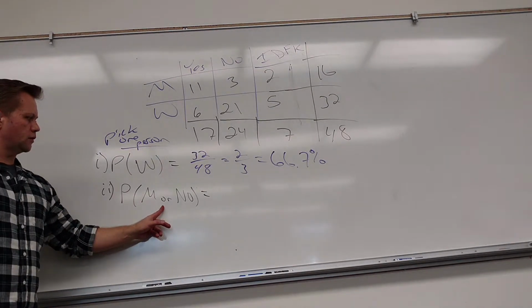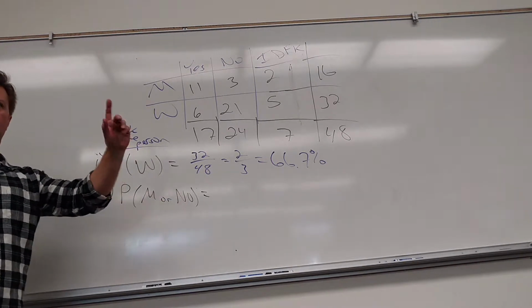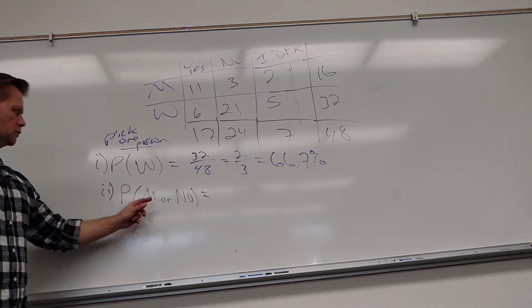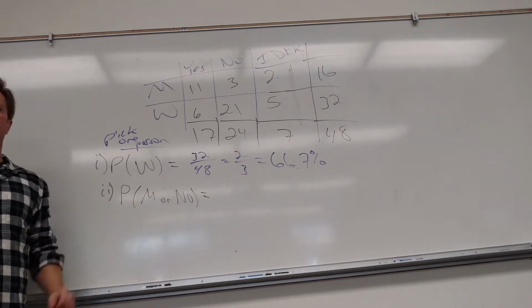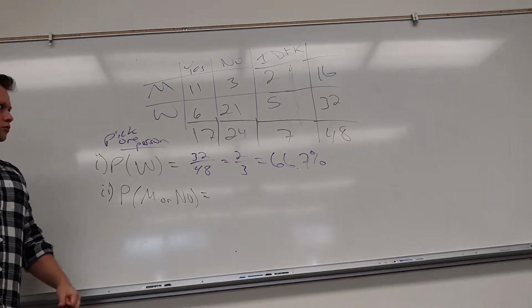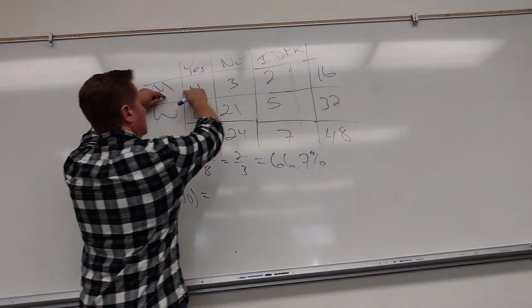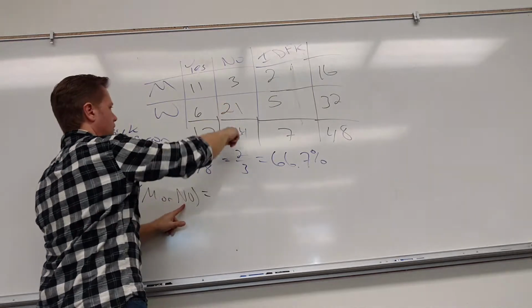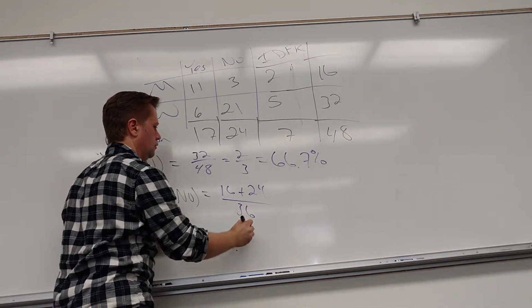So what about the probability that the person I picked was a man, or they said no? Here's where people make another common mistake. So I want this person that I picked to be a man, or somebody who said no. 40. Yeah. So if I say 16 men plus 24 said no, what have I done wrong?